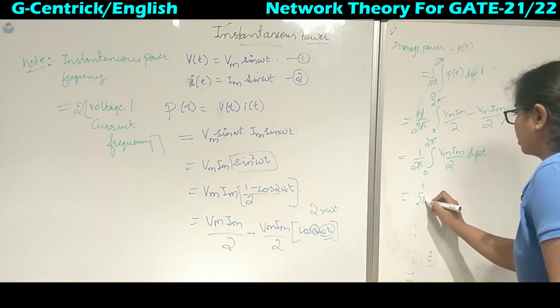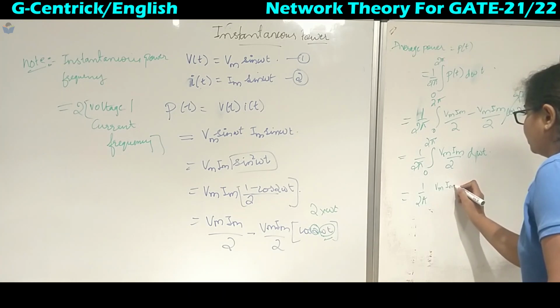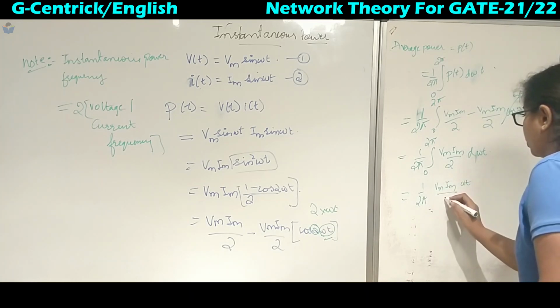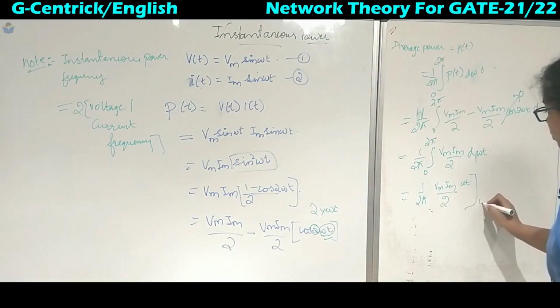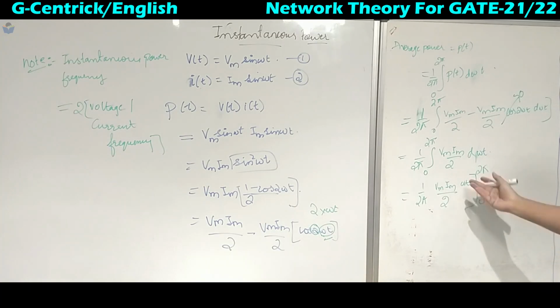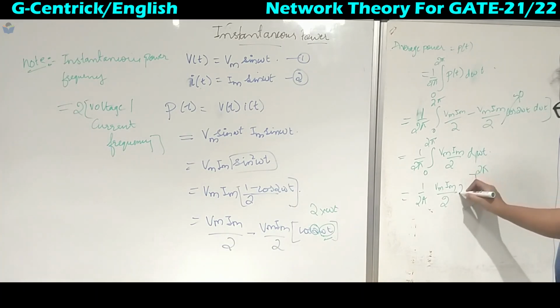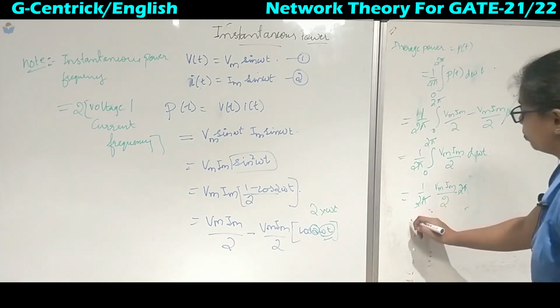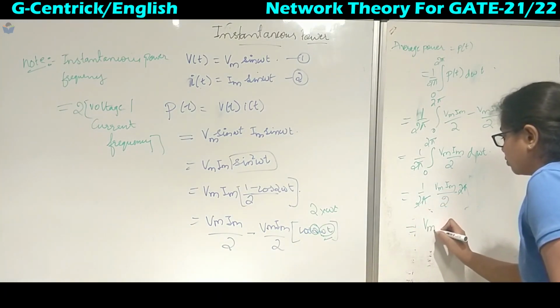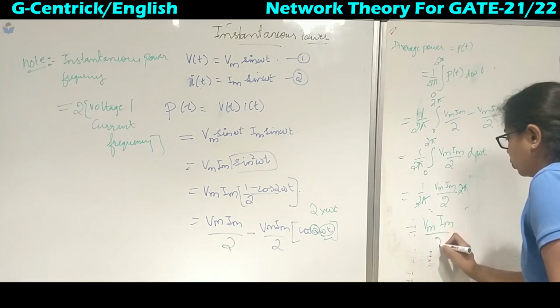1 by 2 pi. So Vm into Im omega t upon 2, which is the integration from the limits 0 to 2 pi. Now I will substitute the value of 2 pi here. So what will I get? This 2 pi gets cancelled and I will be left with Vm into Im over 2.